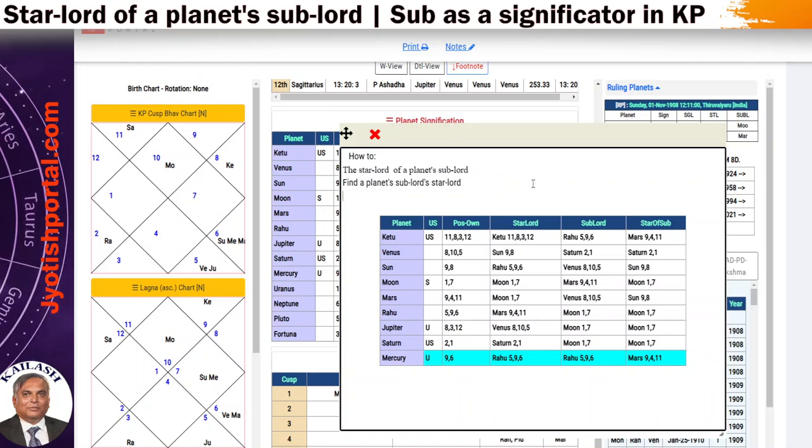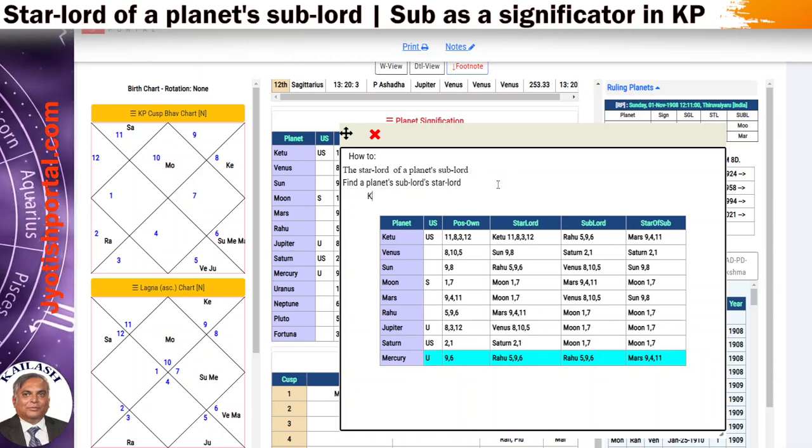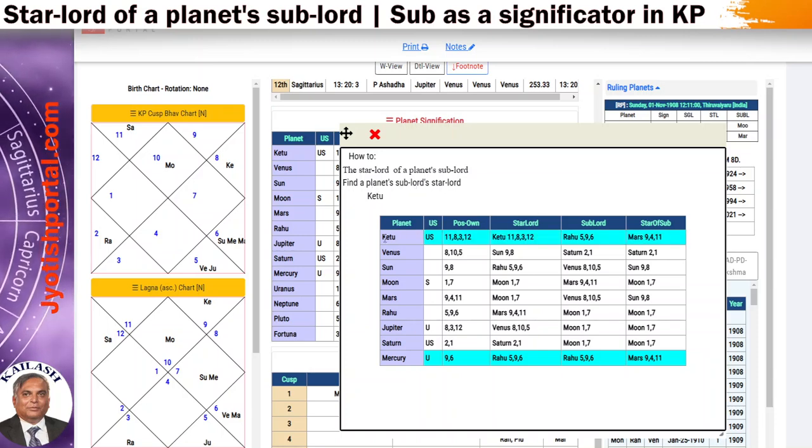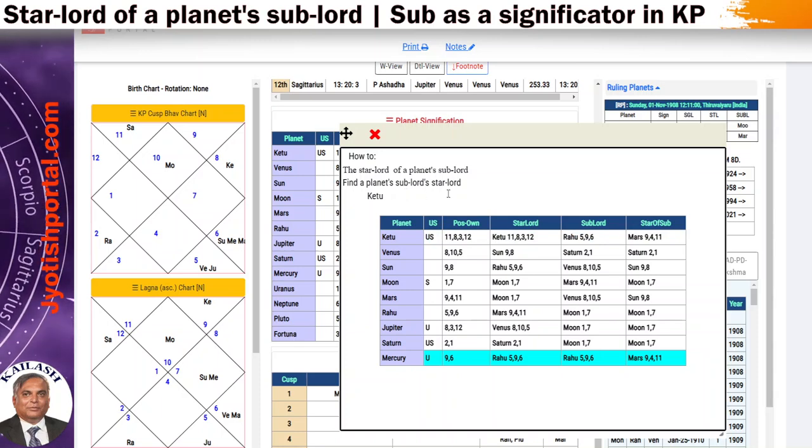So let's take the example of Ketu. When we say find a planet's sublord's star lord, let's mention Ketu below the planet. Looking at the Ketu sublord, it is Rahu. So we are going to mention Rahu, and what we are trying to do is find Rahu's star lord value.